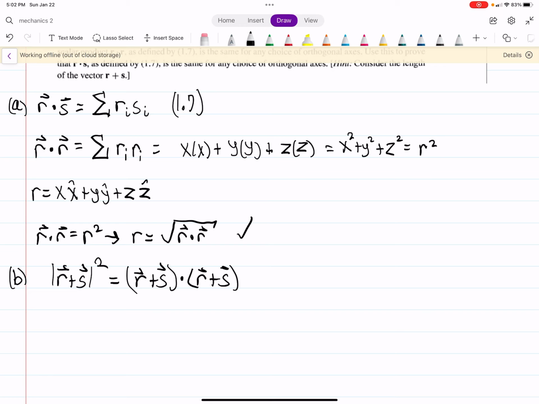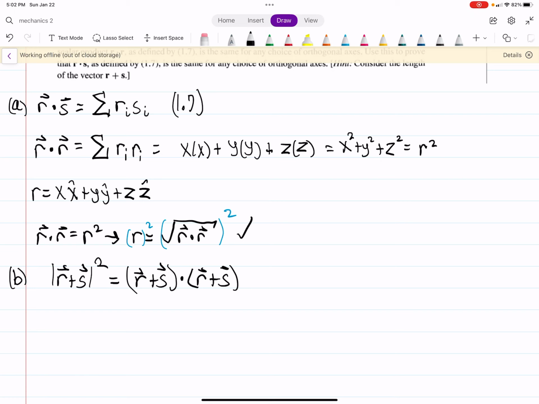This is the exact same thing. This is essentially what we have. We did this basically in part A. So we can take this vector r plus s and rewrite it like this. So basically the end of part A, just imagine if we squared, instead of the vector r, we had the vector r plus s.